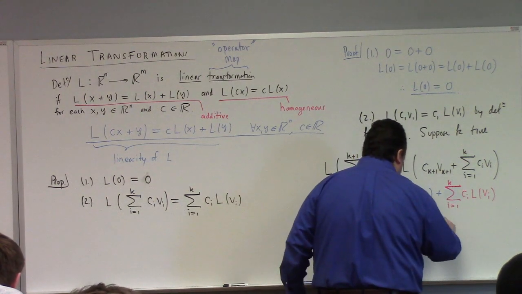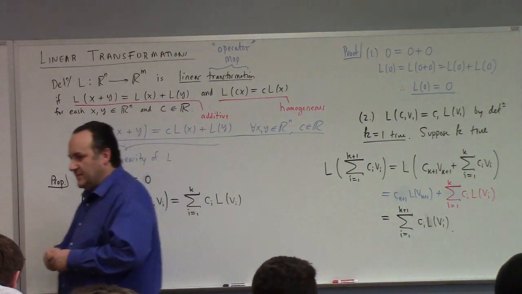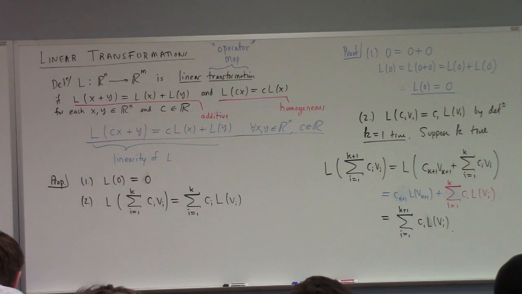Was there a question? And that completes the proof, you see, because I've shown that if we know that the formula applies for k, it then likewise applies for k plus 1, right?